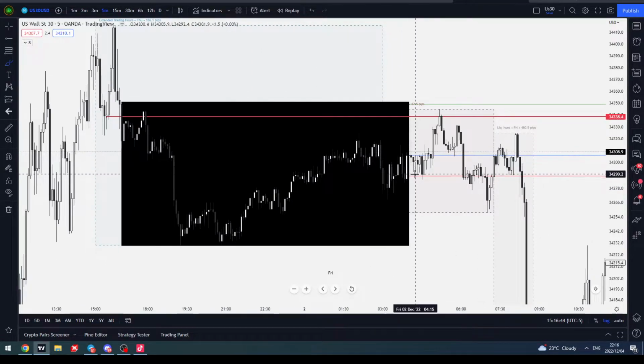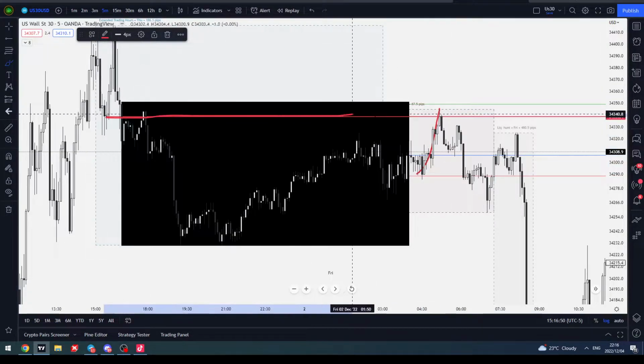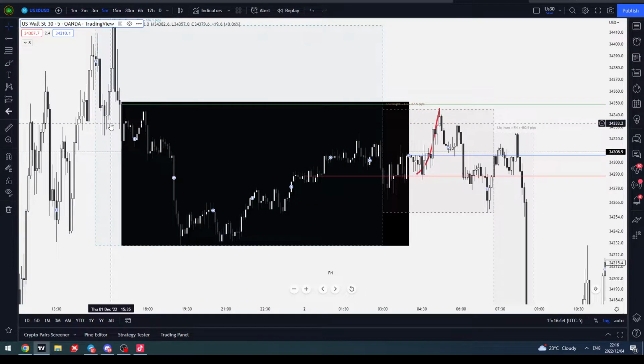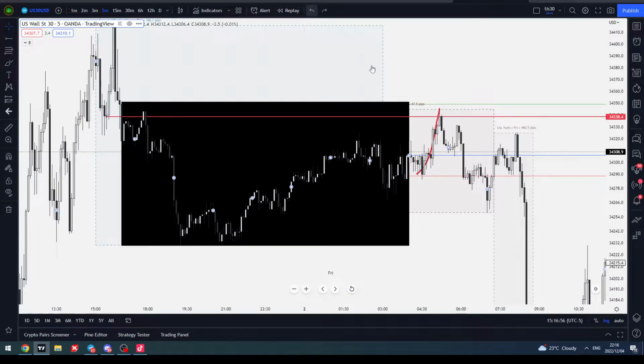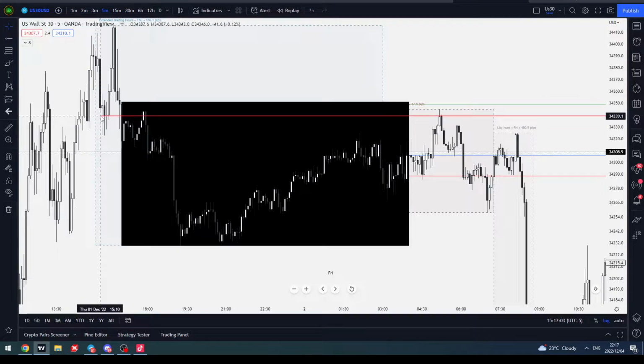So this was the protraction period here. Price drew in to this point, and that's all you needed to do to take a short. You just needed to know where the draw on liquidity was. In this case, it was into this range here.